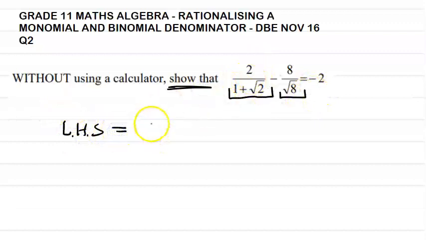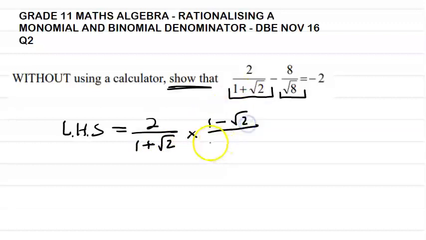So let's take this left hand side, 2 over 1 plus the square root of 2. Now multiply by this conjugate. I'm going to multiply by 1 minus root 2 over 1 minus root 2. Essentially, I'm multiplying by 1. See, 1 minus root 2 over 1 minus root 2 is actually 1.